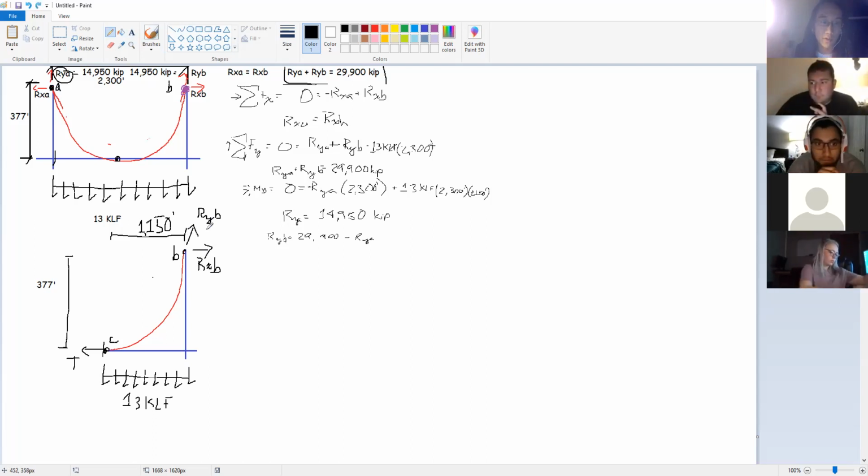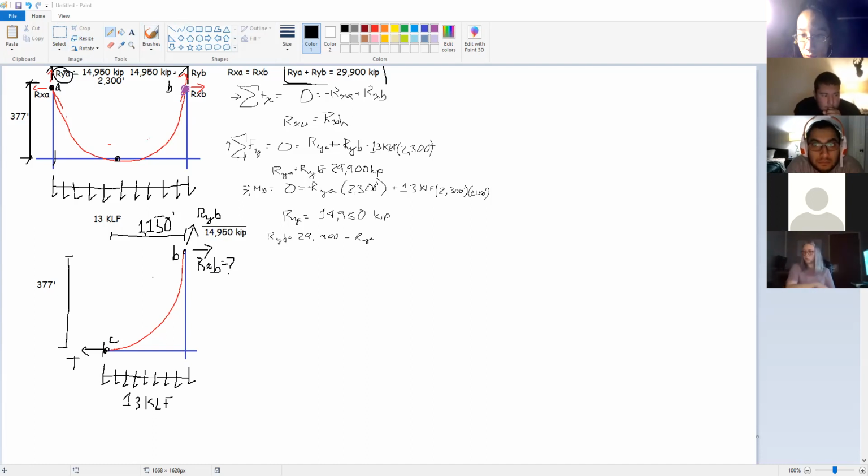We already know what this is. So this is 14,950 kips. I'm just going to copy that and move that over here. That's 14,950 kips. So we don't know what RXB is. So this is currently what we're trying to find out.